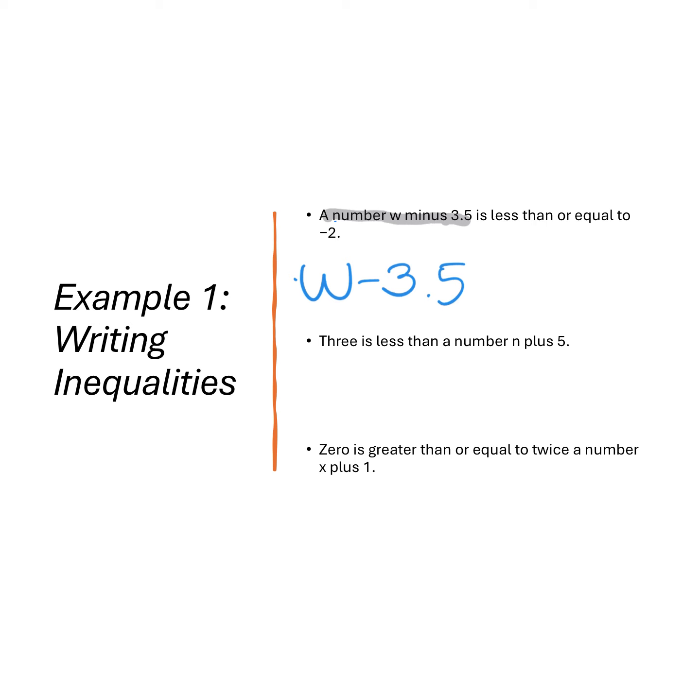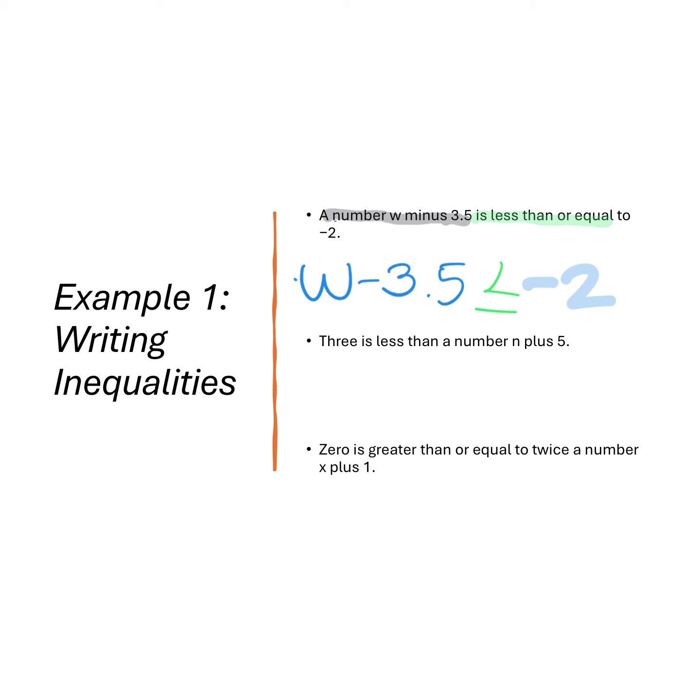Is less than or equal to. That's going to be another highlighted part of the sentence, okay? Break down what the sentence is asking you. So we're going to have what? Is less than or equal to what number? Negative what? Negative 2. So that's going to be your answer.